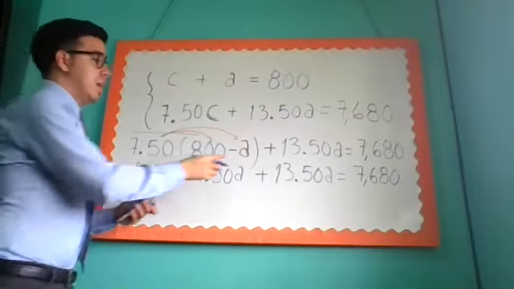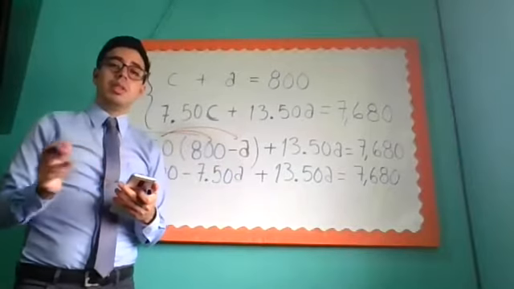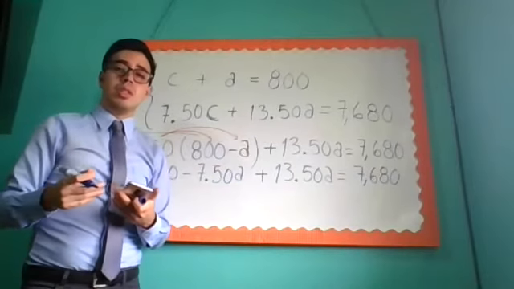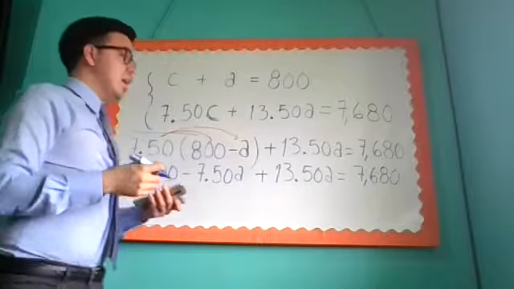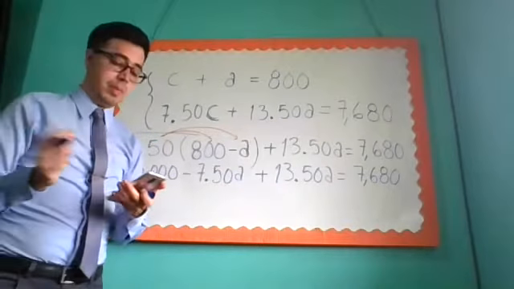And remember, I only write together the terms that have a variable, and I solve the operations, addition or subtraction. And later we have the other terms that don't have any variable to solve.